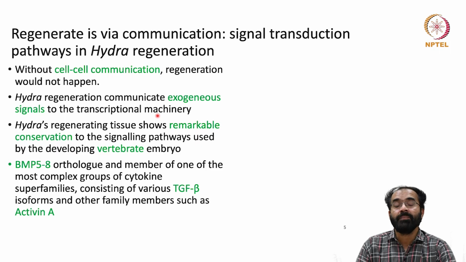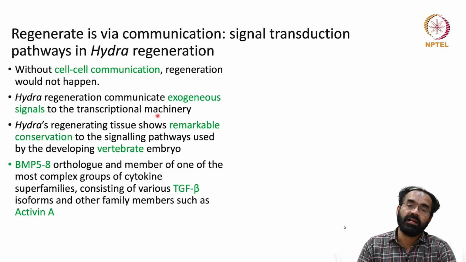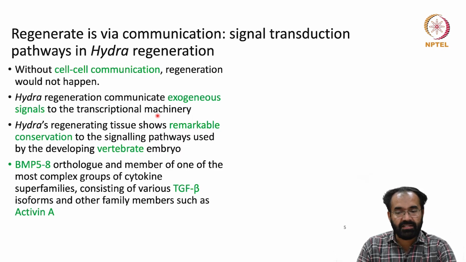Exogenous means something released from a cell acted on another cell's receptor. A classic example is Wnt beta-catenin signaling. Wnt binds onto Frizzled, and the beta-catenin gets stabilized inside the cell and goes to the nucleus and starts its action. So these signals must get translated in a recipient cell that will influence the transcriptional machinery.